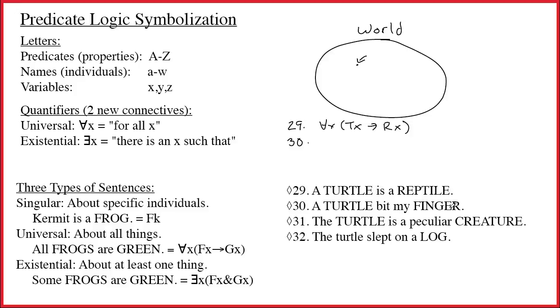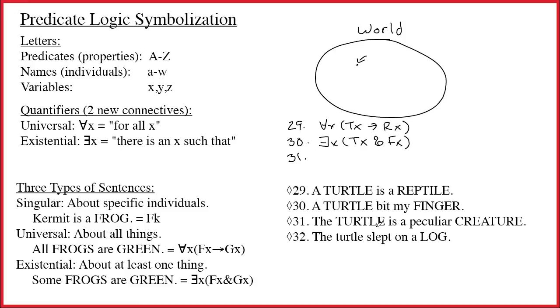A turtle bit my finger is actually existential because I'm not pointing to a particular one and saying, see, it was that one right there. I'm just saying there was a turtle. There was at least one creature that has the turtle property and the bit my finger property. So it's an existential, and we put in Tx ampersand Fx. There is an x. x is a turtle, and x bit my finger.